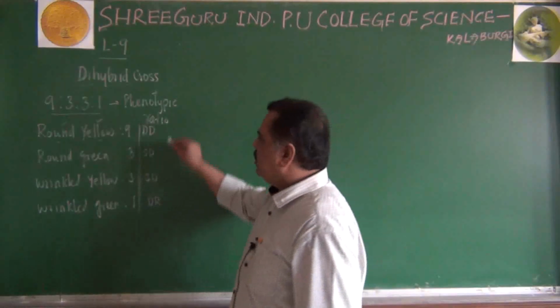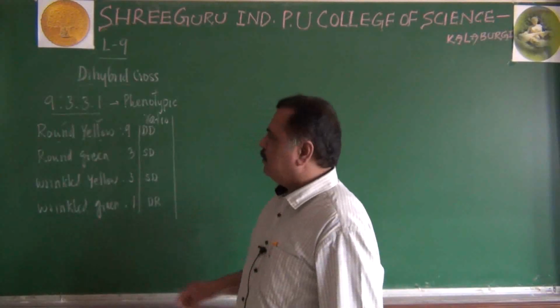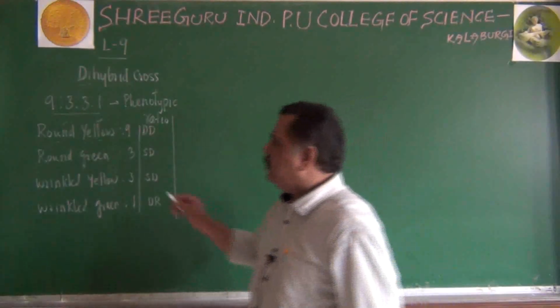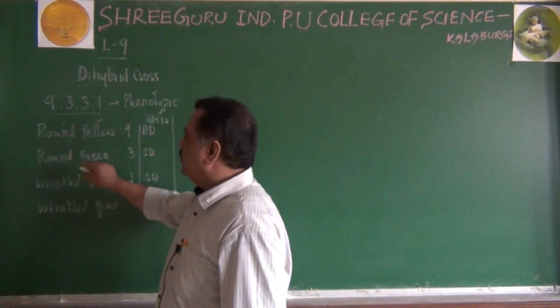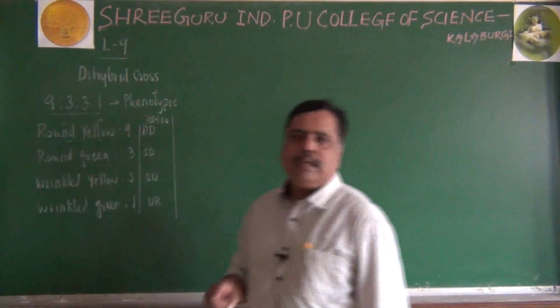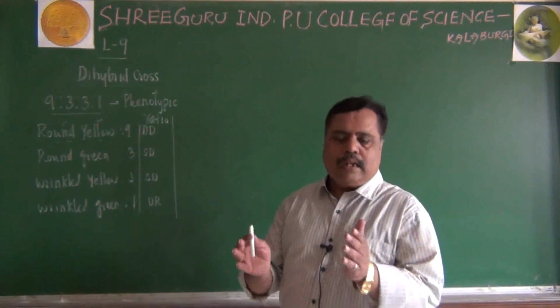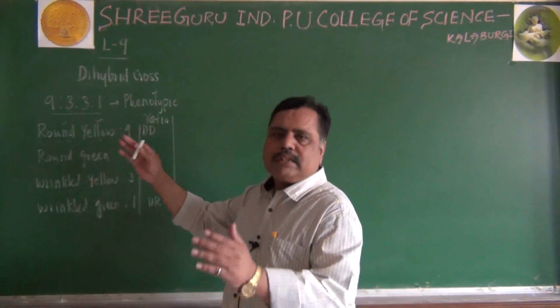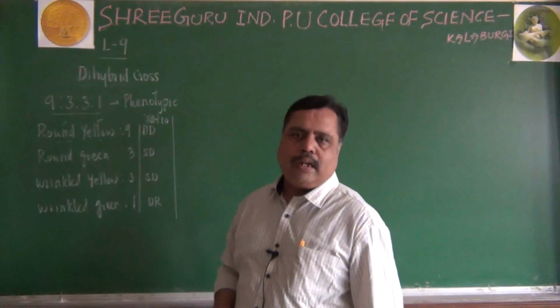What do we understand from this ratio? Here, the segregation of shape alleles is independent of the segregation of color alleles. Color allele and shape allele do not blend with each other, they segregate independently of each other.